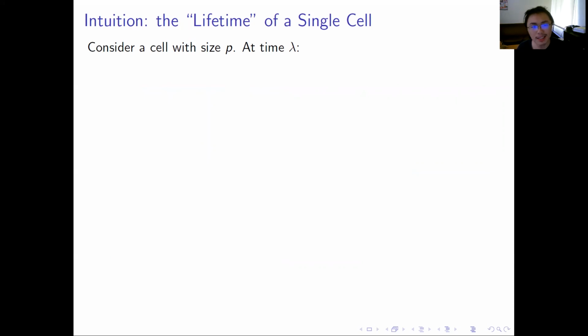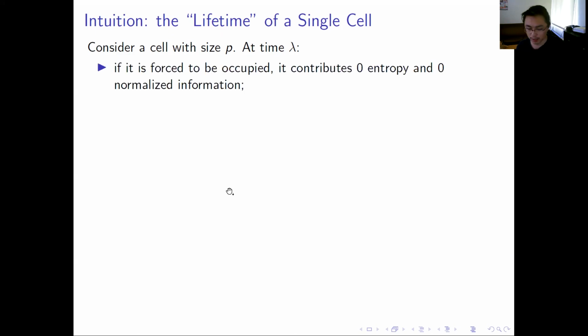But here we consider a single cell, but its performance over all the cardinalities, which we call the lifetime. So recall that we call the time of a single cell p times lambda. Let's consider what its contribution and occupation are like in its lifetime for a linearizable sketch.